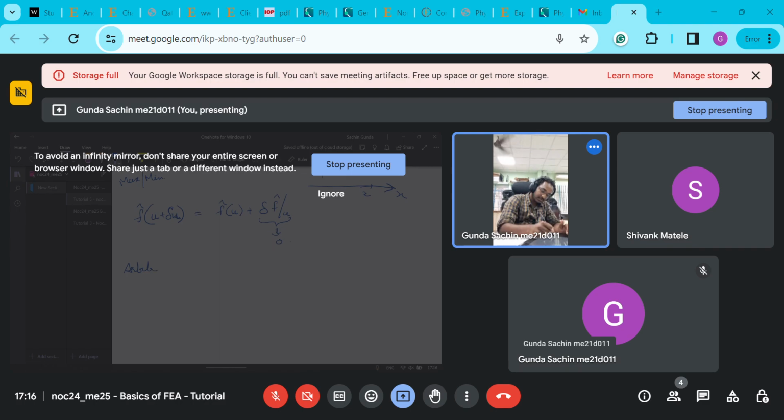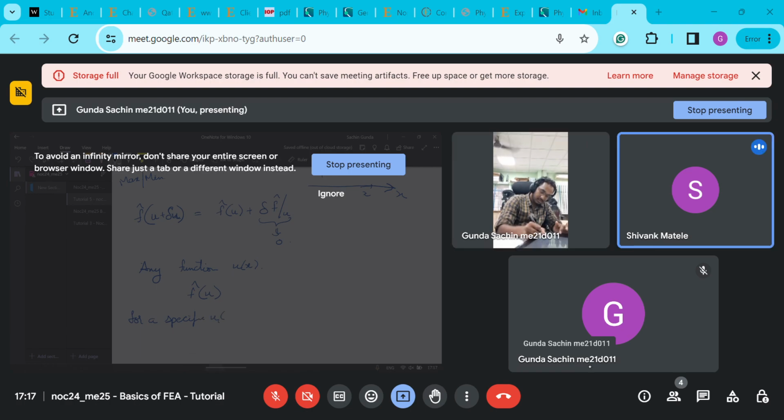For any arbitrary u of x, any function u of x, there is a functional f hat.